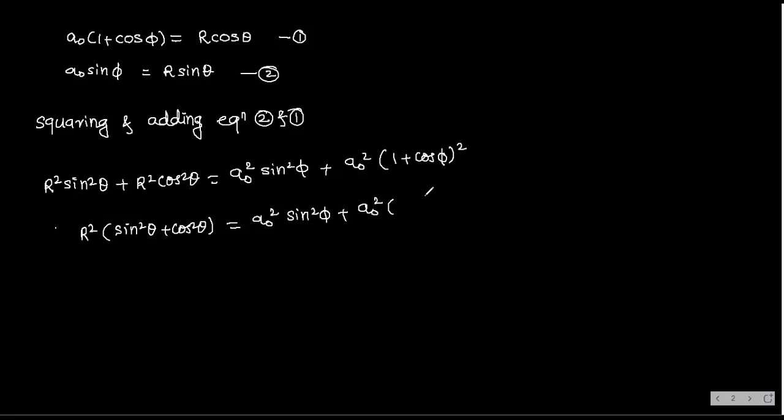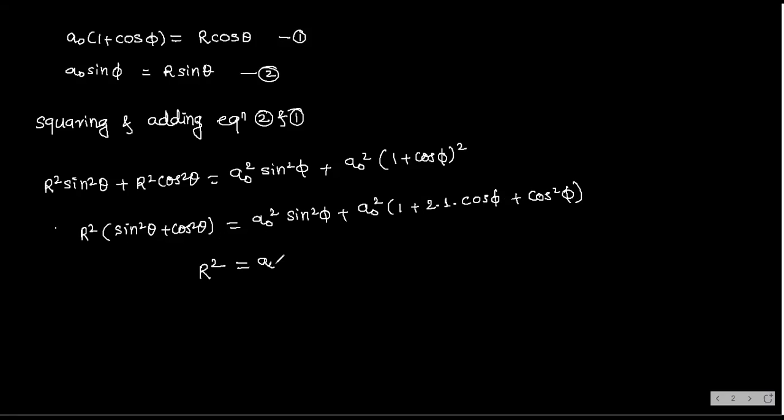First I will expand this a plus b whole square. This is 1 square is 1 plus 2 into 1 into cos phi plus cos square phi. Yes. So this is just equal to r square because sin square theta plus cos square theta is 1.